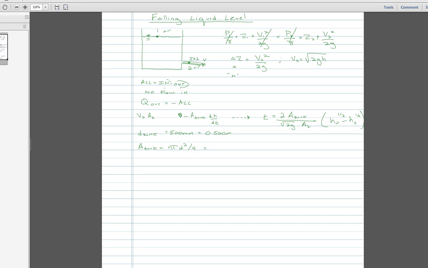If you pop that into your calculator, you'll get that the cross-sectional area of the tank is 0.19635 meters squared. And we'll do the same thing with the orifice. The diameter of the orifice is 0.15 meters, and so the area of the orifice we can find with pi d squared divided by 4. It is 0.017671 meters squared.